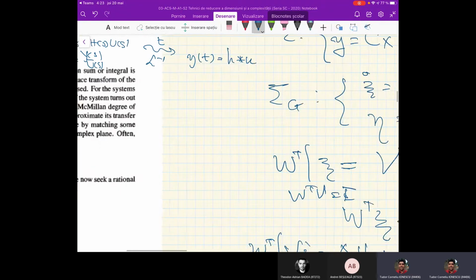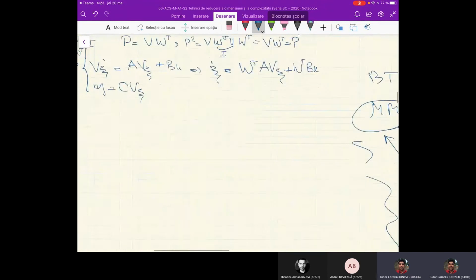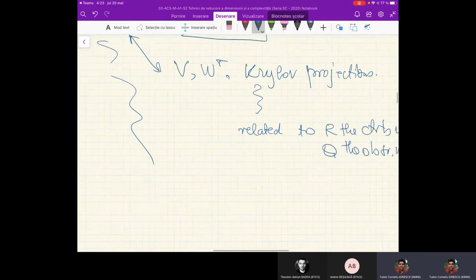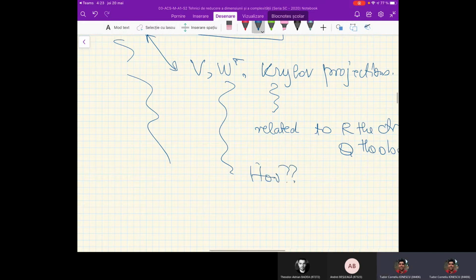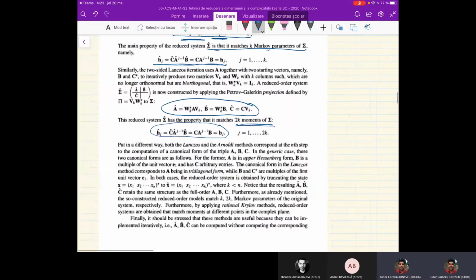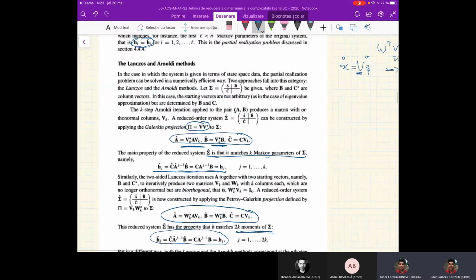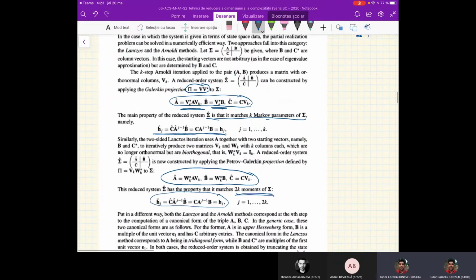Question is how to build W and V. Okay, I said here they are related to Krylov. Now the question is how. How do I get V and W? First of all, we need to understand the notion of moments. Okay, so here they show you how you build V and W. Arnoldi is V transpose V, so V is a matrix such that V transpose V is the identity.